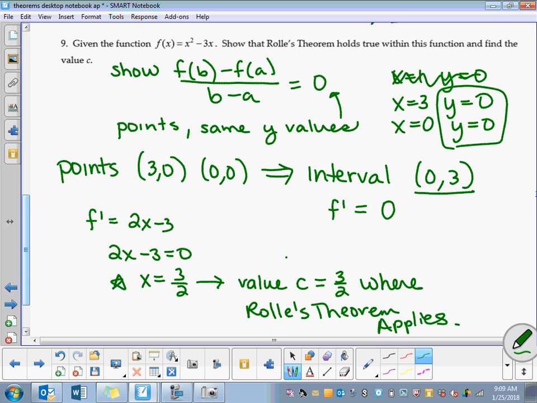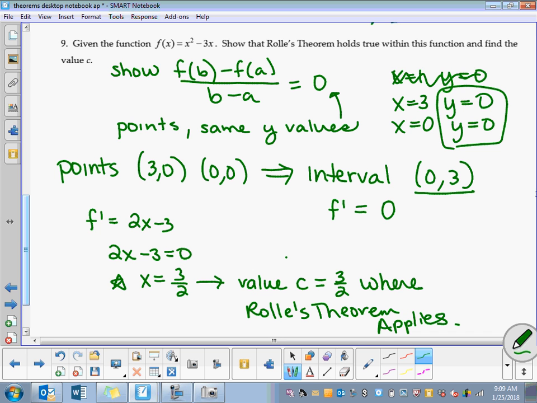You have a homework paper, or you're going to have a homework paper, that involves intermediate value theorem, mean value, and Rolle's theorem. There are ways to kind of trick you when you're looking at those. And so that's always going to be our first question: what are we trying to show? What theorem are we trying to work with?